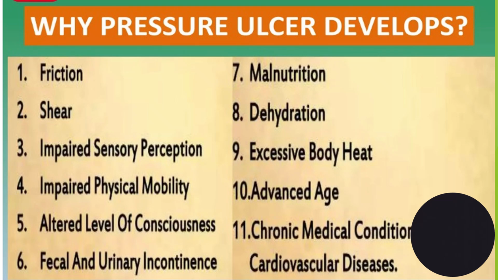Malnutrition, a lack of nutrients and protein, may cause the skin to become thin, and the patient may develop less skin density, so the skin breaks down easily. Dehydration leads to dryness of the skin, and due to friction or other effects, it may easily tear the skin.